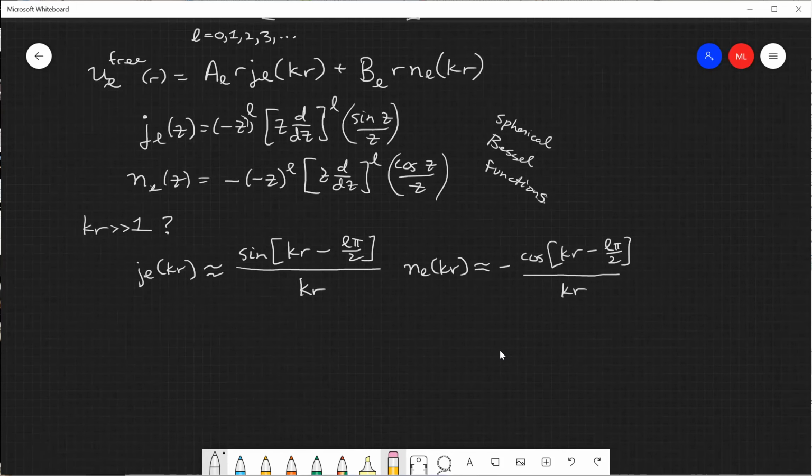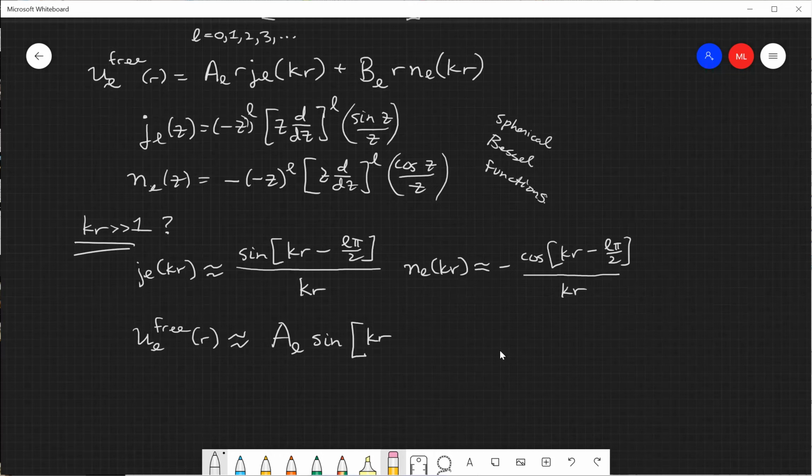So that means that if we look at what happens to this free particle solution, again, far away in this limit, it's going to be a sum of sines and cosines, and we can write that alternatively as just a single sine function, kr minus l pi over 2.